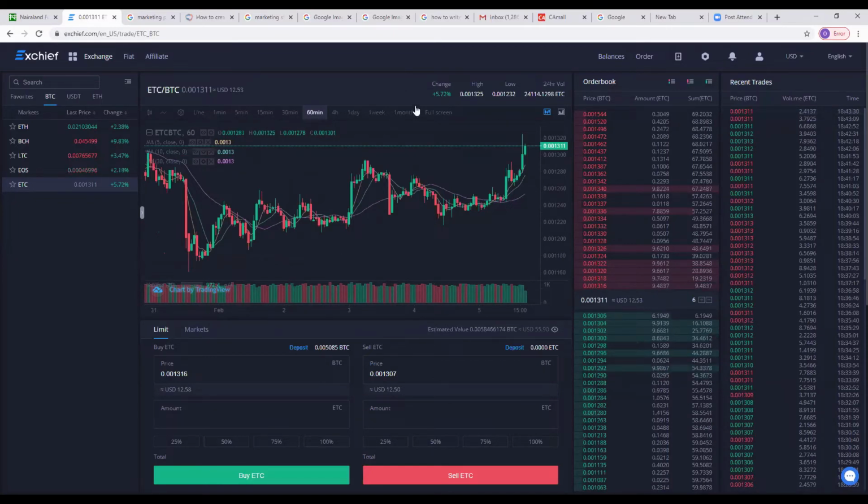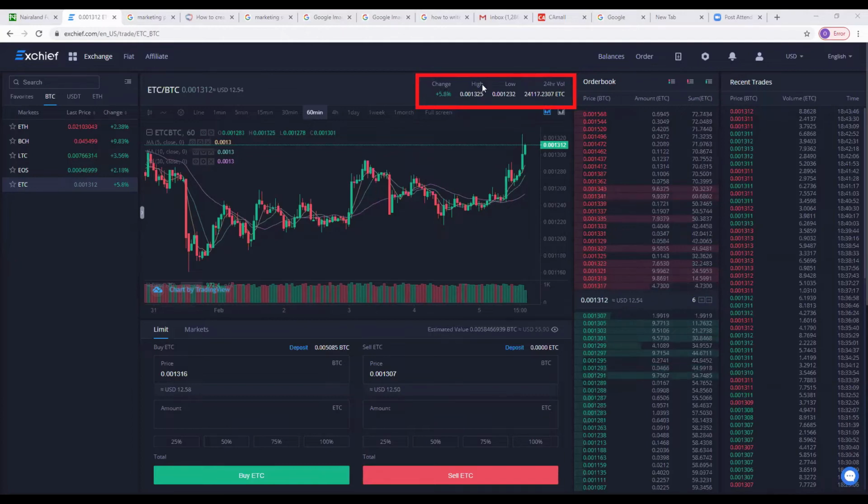Now, directly on top of that, in this area, you realize that you have some details also captured there. Here you have a change, and there's a percentile figure captured here. There's also high and low, and a 24-hour volume.